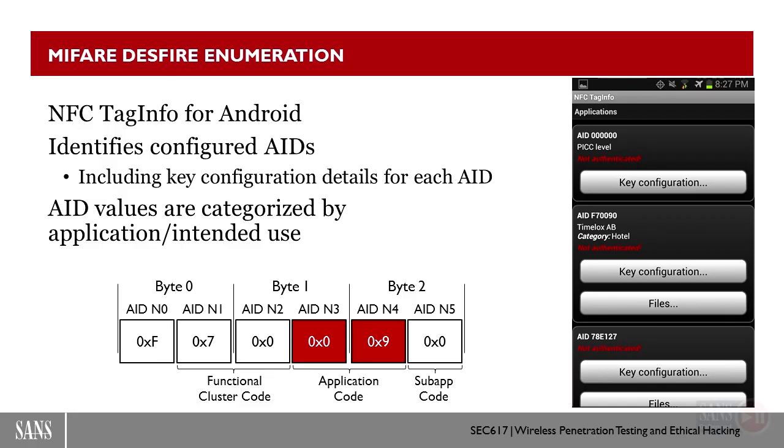But we can see some of the applications as configured on this card. On this particular one, for this middle AID, the category is for a hotel. So I'd venture to guess that they use this particular card for doing access control into hotel rooms.